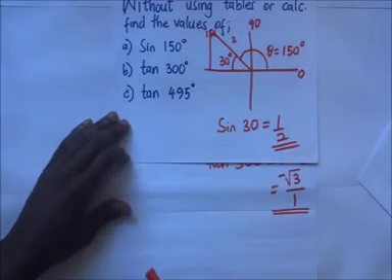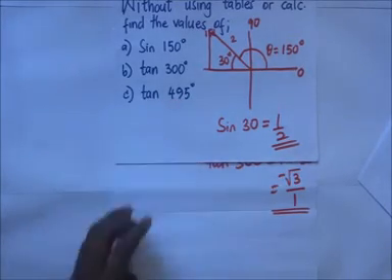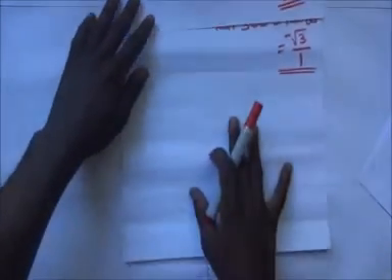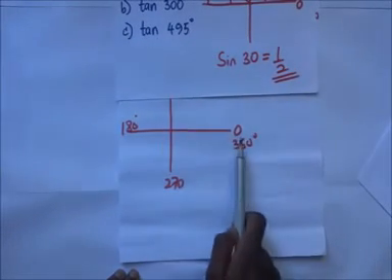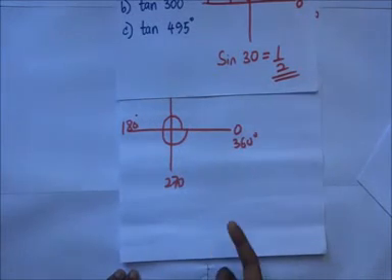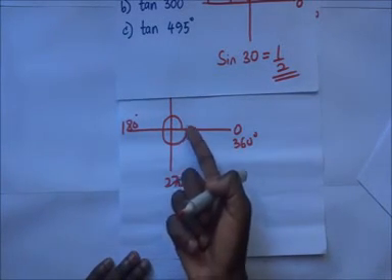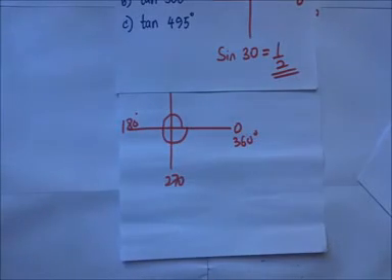This tangent of 495, still we need to identify in which quadrant it lies. So you realize that 495 degrees is even beyond 360. So we move one revolution, that is 360. Then how much more are we supposed to move so that we reach 495?